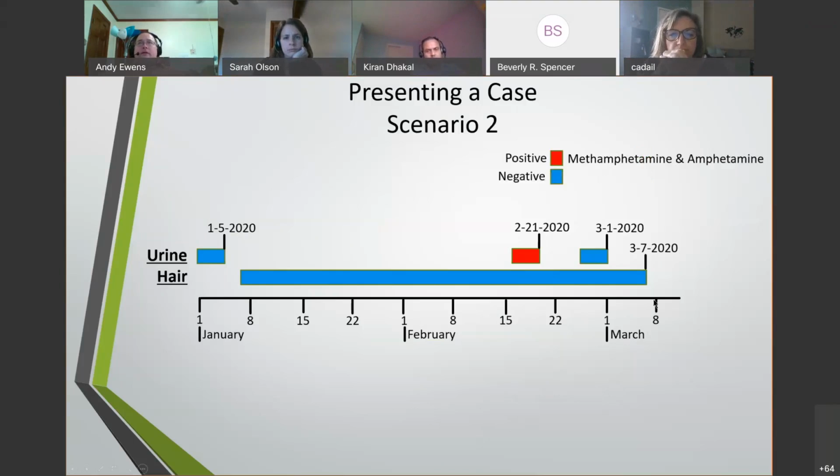So then scenario 2, you've got methamphetamine and amphetamine in this positive urine test. So now you can't argue that maybe it was from environmental exposure. The methamphetamine most likely was in their body, got metabolized to amphetamine. So that person had consumed that drug. But you still have negative hair results.